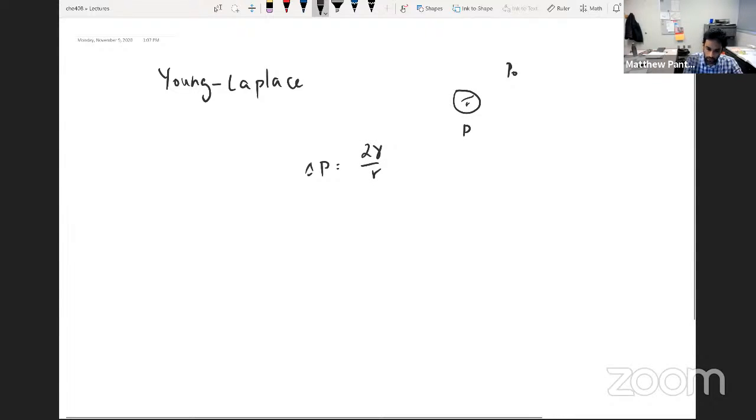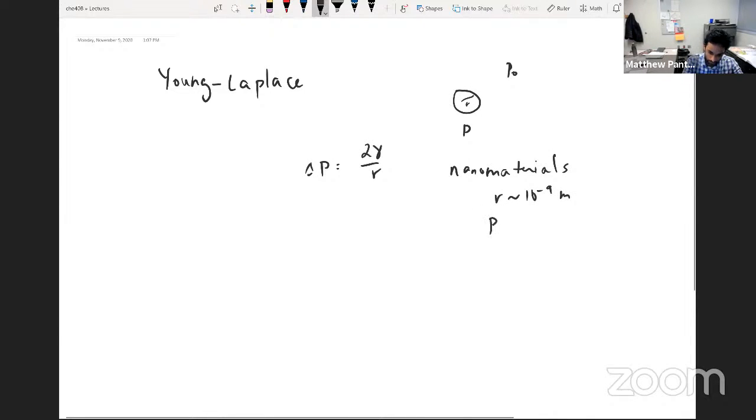So on Friday, we saw that this can have enormous consequences in terms of pressure. We talked about nanomaterials where the radius is going to be on the order of 10 to the minus 9 meters.